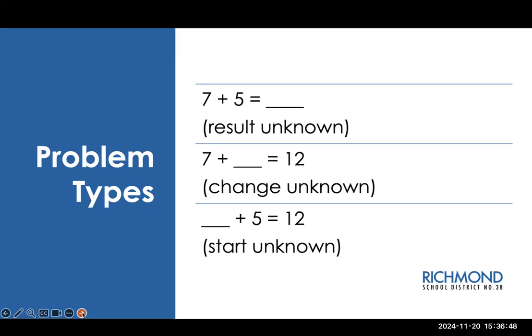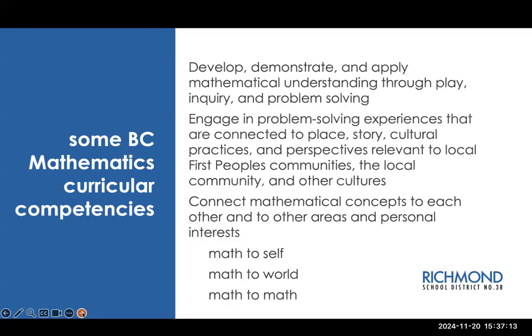And those also increase in complexity, result unknown being the easiest accessible structure or problem type, then change unknown, and then start unknown being the most difficult in terms of cognitive steps that a student has to go through. So just making sure that we're presenting students and offering them a balance of those different problem types or structures to support their mathematical thinking about operations.